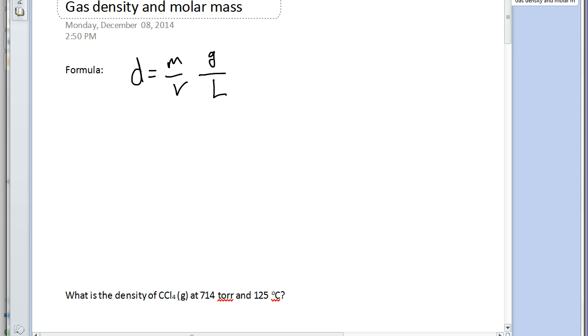And that's important because oftentimes we're dealing with solids, we deal with grams per milliliter or grams per centimeter cubed. But here we're going to do grams per liter. We also have molar mass, the same molar mass that we've always talked about. We're going to use the capital M for molar mass, and this is just going to be measured in grams per mole.